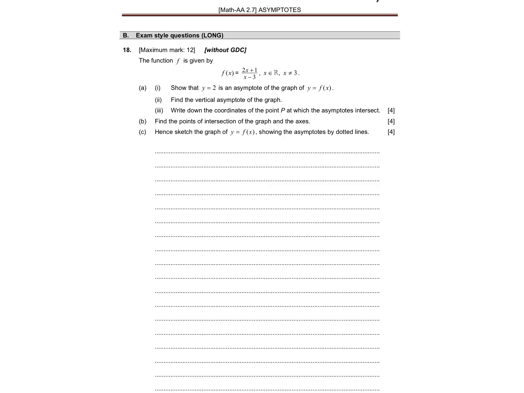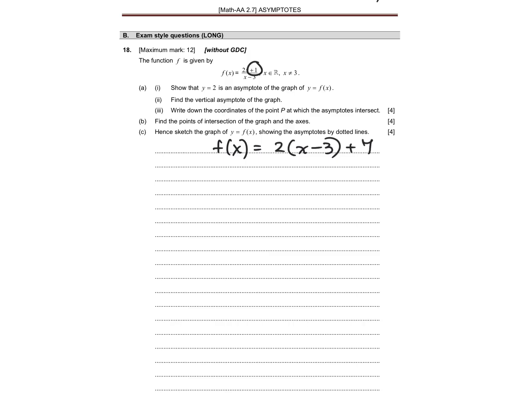All right, the function f is given by that. Show that y equals 2 is an asymptote. So that is a horizontal asymptote. So we can do either. So if we do 2x minus 3, and we need to get plus 1. So at the moment, we've got 2x minus 6.